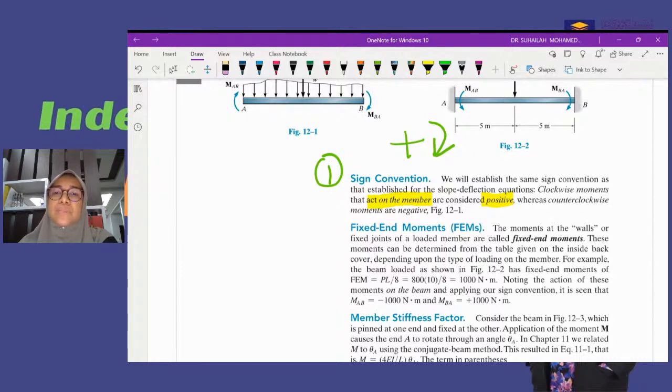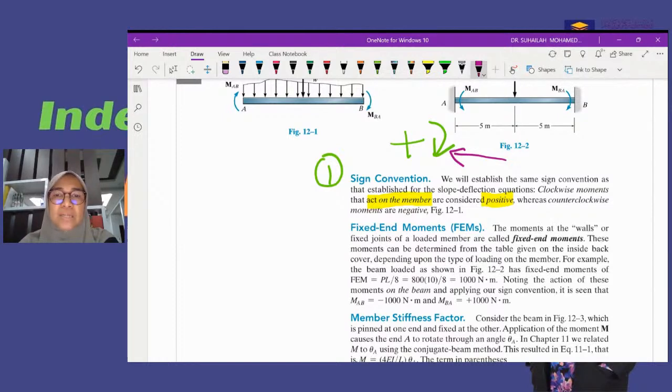One thing everyone should understand is that for fixed end moment, the sign we put whenever we calculate it is the behavior, not assumption. So we put negative or positive depending on the sign convention that we have chosen.